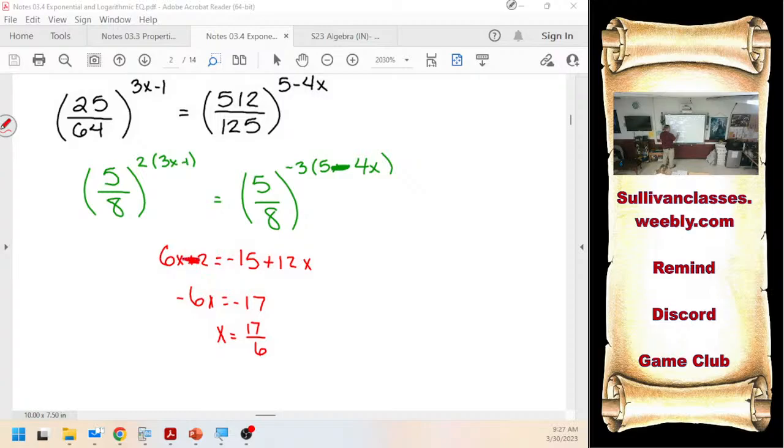Went too fast. So that's -13 now. Yes, 13/6.